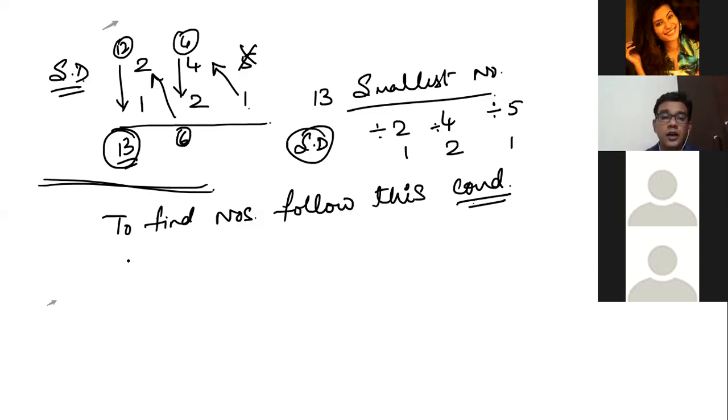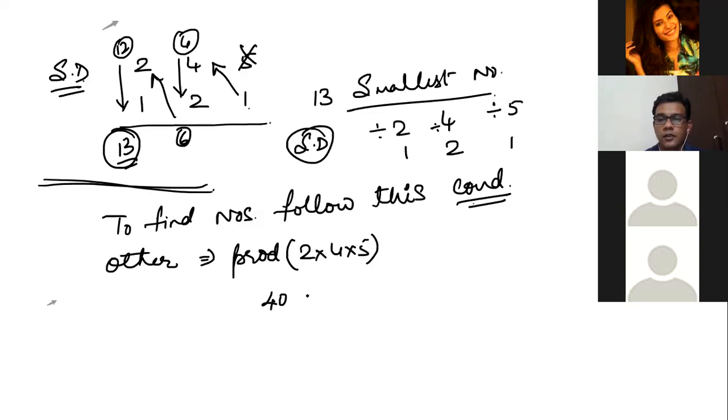Now, but 13 is not the only number. So how do I find the other numbers? To find the other numbers, I take a product of my divisors, which is 2, 4, 5. What is the product of 2 into 4 into 5? 2 4s are 8, 8 5s are 40. 40 or its multiple, 40k, plus what is the smallest number that we found? 13.